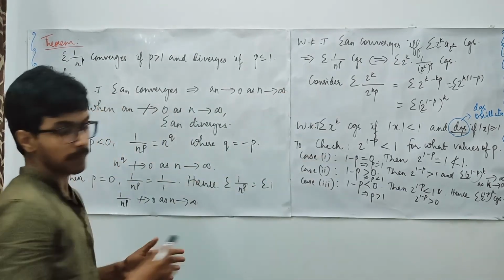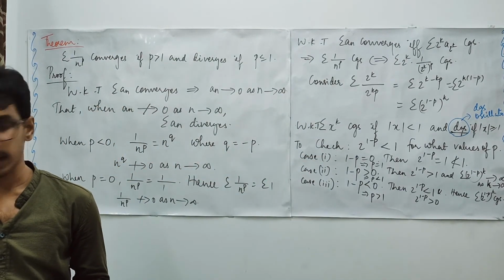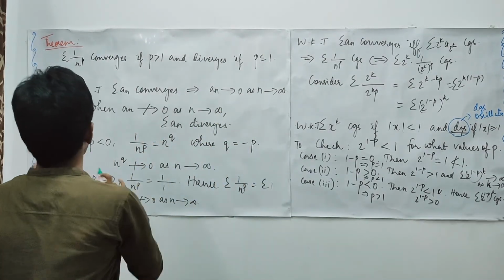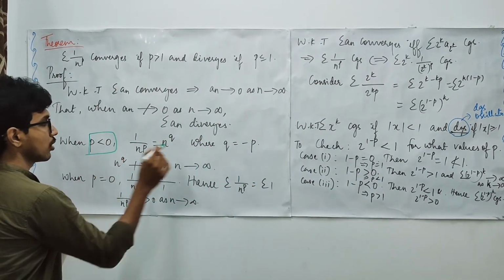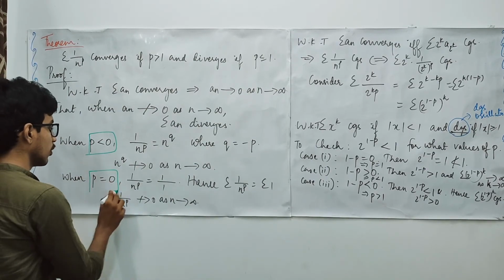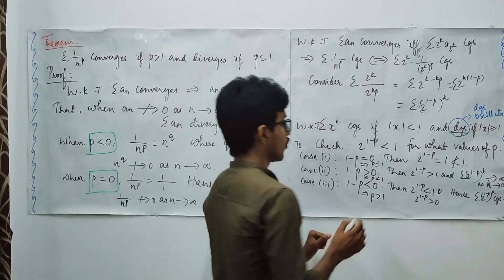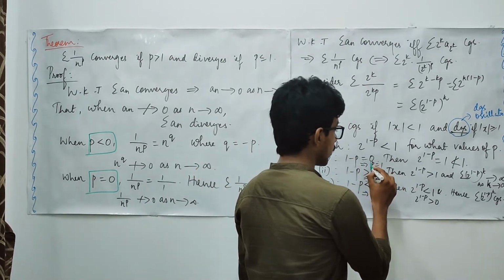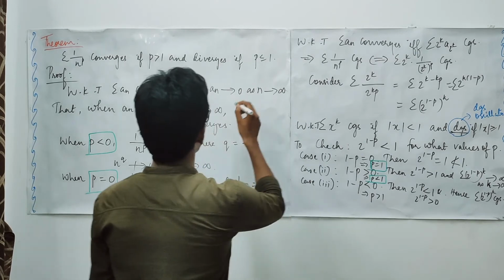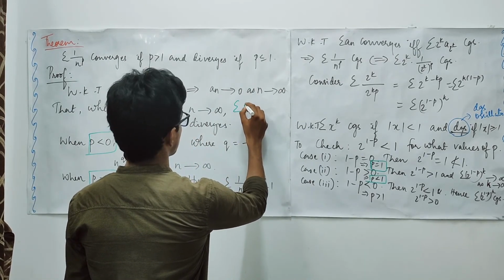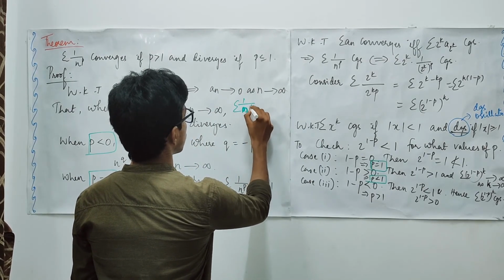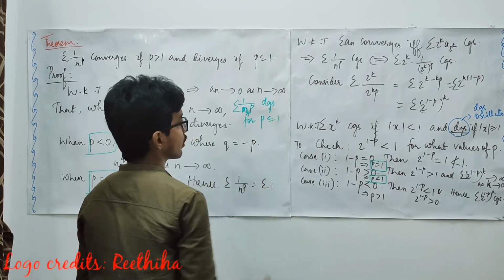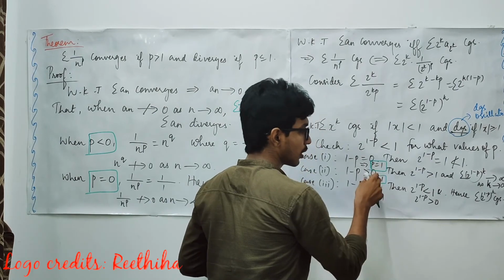Now we will have to combine all these things and write out what happens. When p value is smaller than 0, you get a divergent one. When p value equals 0, you get divergent. When p value is less than 1, you are getting divergent. When p value equals 1, you are getting divergent. So, your summation 1 upon n power p diverges for p smaller than or equal to 1, because equal to 1 is included here.